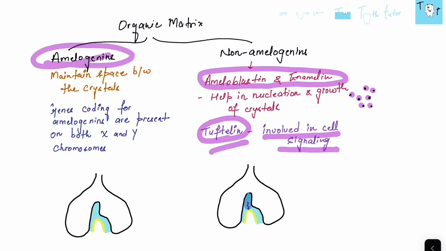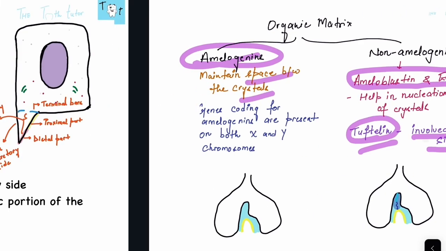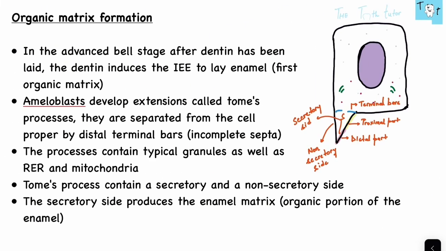Now the amelogenins, they maintain the space between the crystals. So as I was explaining to you in here, there will be rod formation and interrod formation, right? So there will be some amelogenins, the proteins present in between over here, and they will maintain distance between the two crystals.